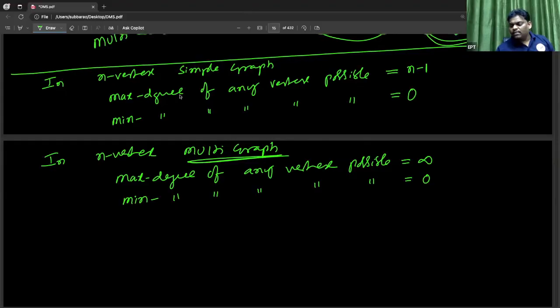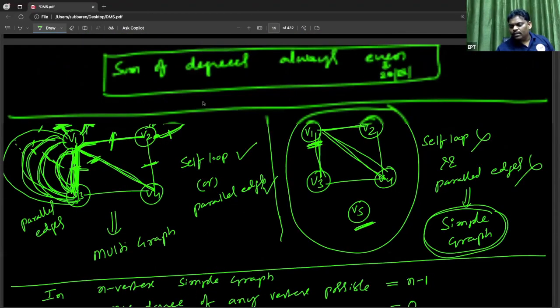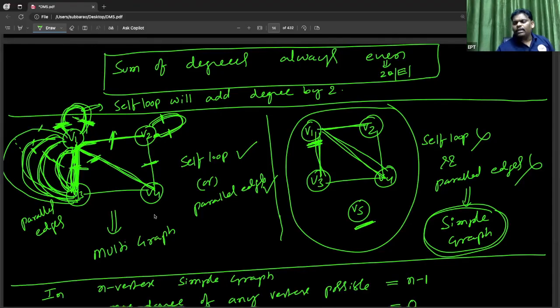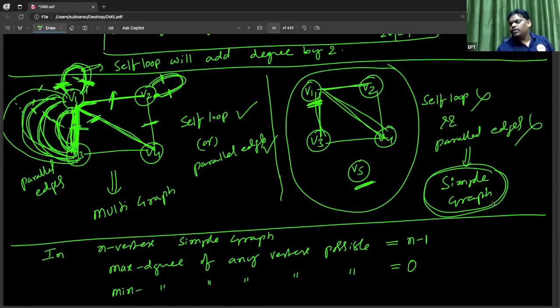Remember, from this entire discussion, I want to say, graphs are two types. Everyone listen. Graphs are two types: simple graph and multigraph. Multigraph contains unnecessary stuff. What is that? Self loop is unnecessary. Parallel edge is also unnecessary. Some extra is there in multigraph. Nothing extra in simple graph.